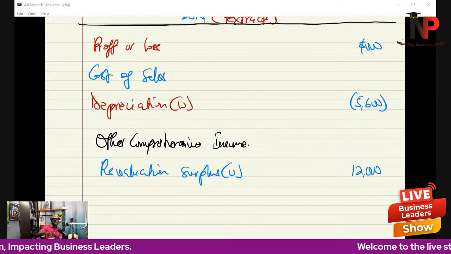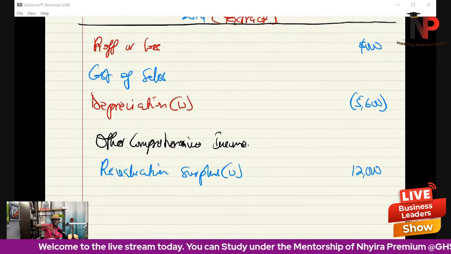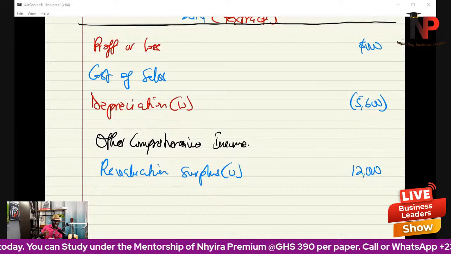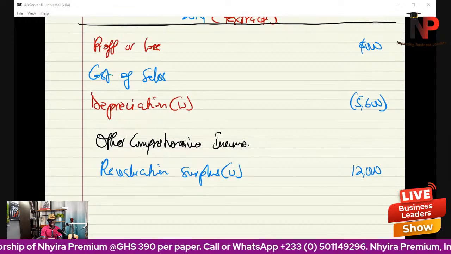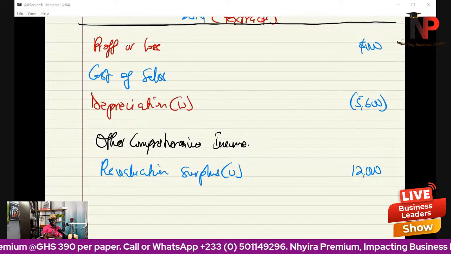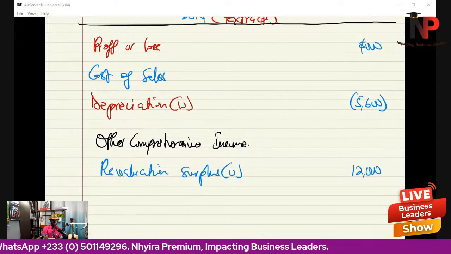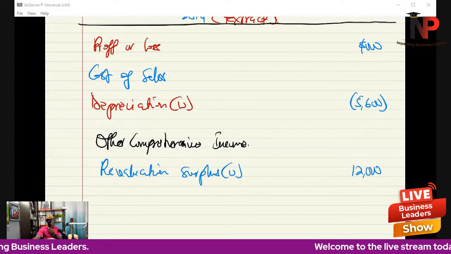However, where you are having a revaluation deficit or revaluation loss, but the asset previously had a revaluation surplus, then the revaluation loss will be written off against the surplus in the OCI, and the excess amount is what will go to the P&L account. So that is what we would have done, Joseph Babs, if it is a revaluation deficit. And so that would depend on whether it is a first time or a subsequent time coming in that regard.